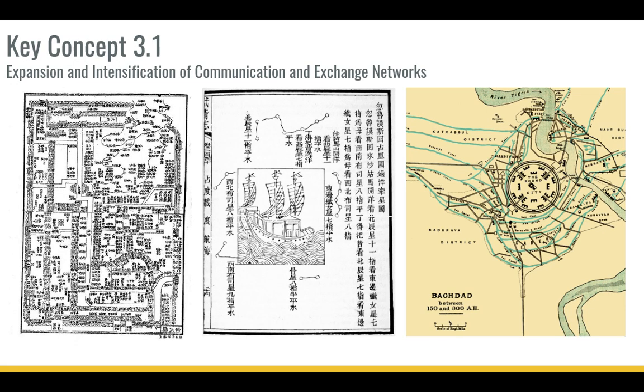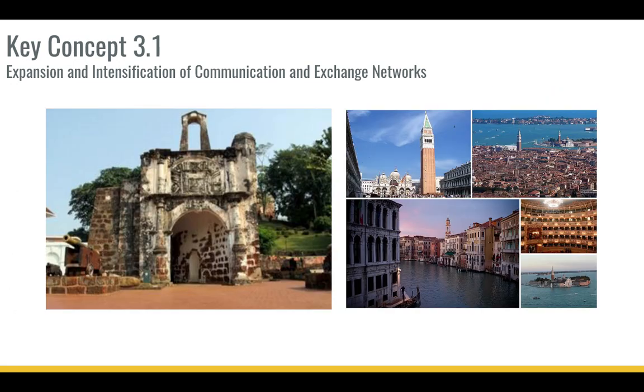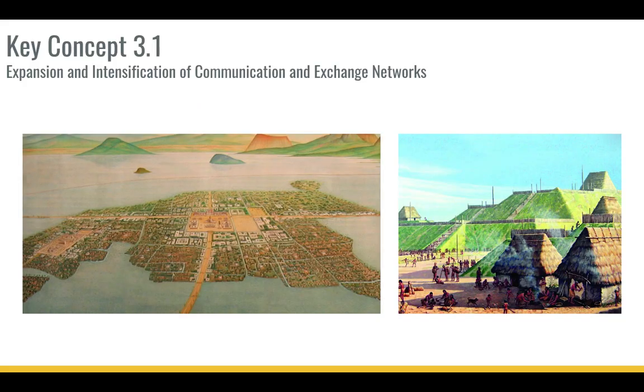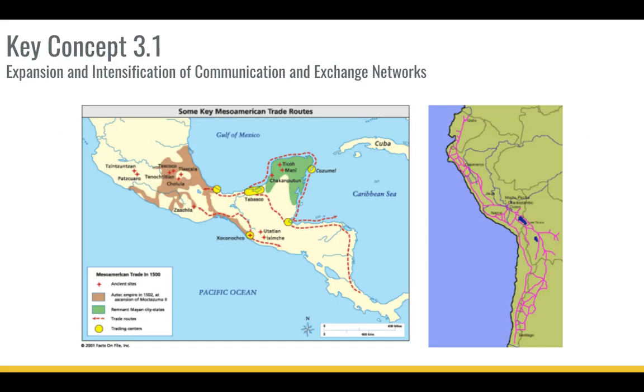These will all flourish. In the Indian Ocean, we see Malacca, and along the Mediterranean, the city of Venice and other Italian city-states will also flourish. And even in Mesoamerica, we see new trade routes in that region, and cities such as Tenochtitlan will develop, and in the Mississippi Valley, the city of Cahokia, which you see there on the right.